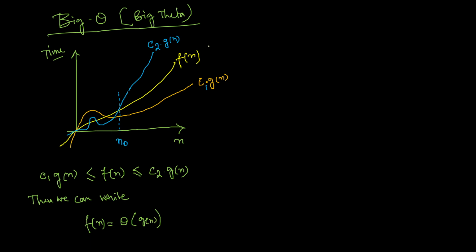So what actually are we doing? We are saying the performance of my program does not go beyond the class of function multiplied by C2, this particular curve. Even the performance of my program will not go below this particular class of function. So we are actually restricting the performance of my program within exactly this region mathematically.